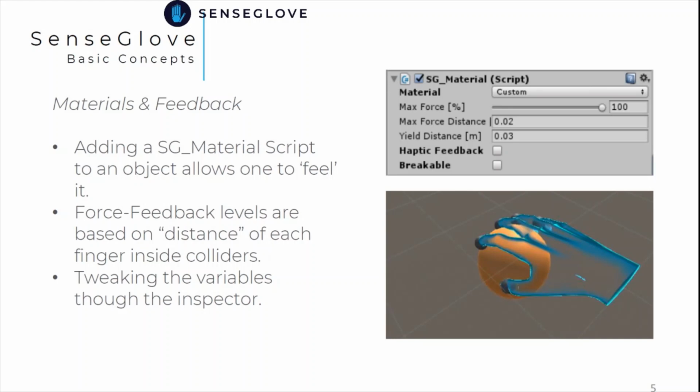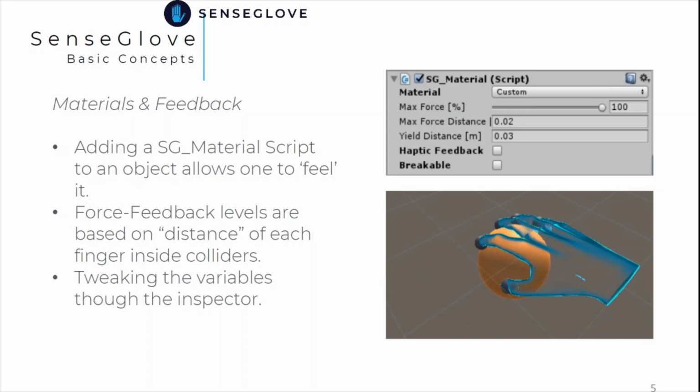Based on the distance of how far you squeeze into one of these colliders, it changes the force that is applied to the fingers. So it increases up to the max force over a max force distance. You can tweak these variables in the inspector to assign different material properties to different objects in your scene. So as this implies, if you mark something with a SenseGlove material, you can feel it.